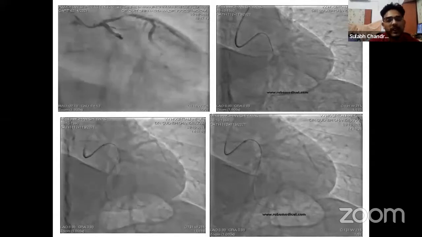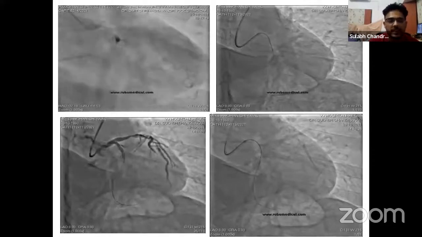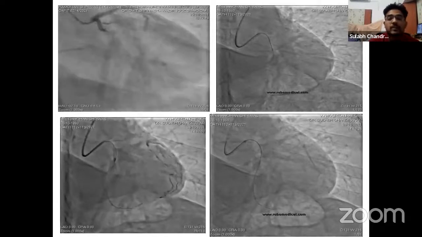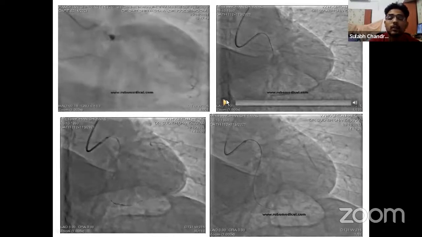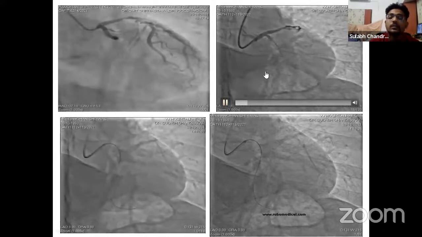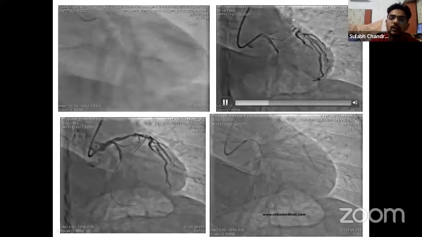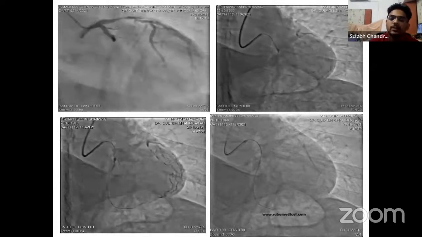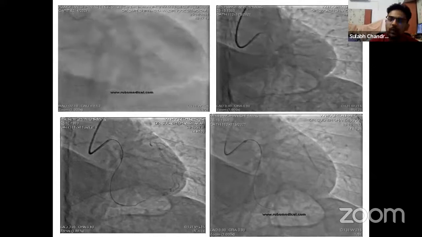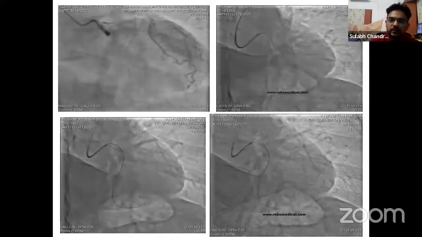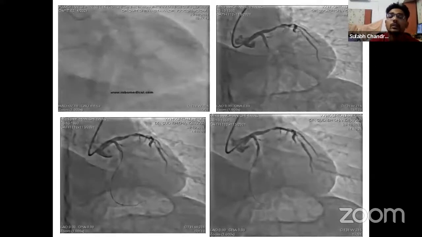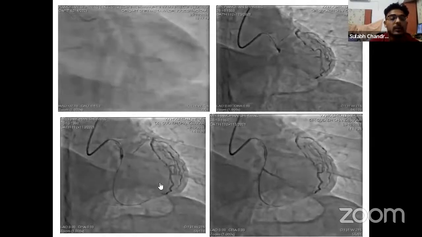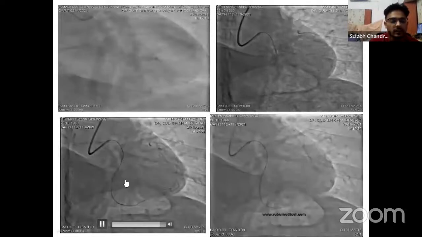Our plan was to open the LCX first, then decide about the LAD. First, the LCX was tried with the normal workhorse wires, but there was difficulty in crossing, and it was not crossing the lesion. So we took a Fielder XT. After 5-10 minutes of trying, it went into a branch, and we felt that it was the right track, so we partially withdrew it and went further.